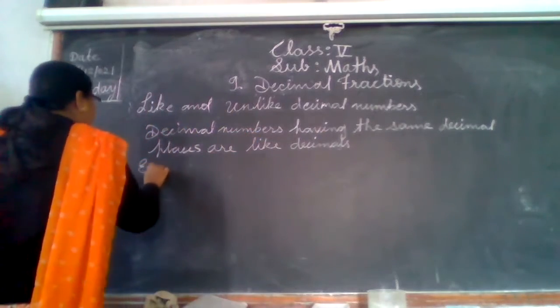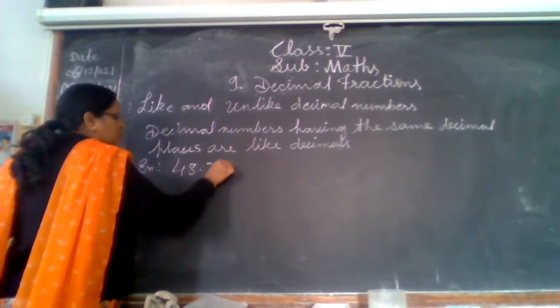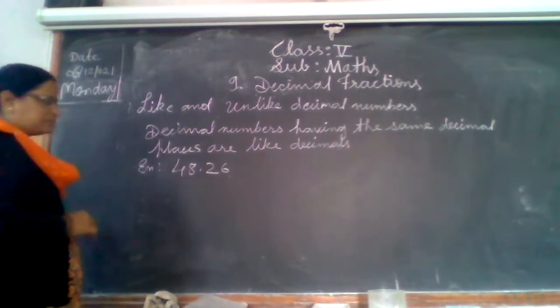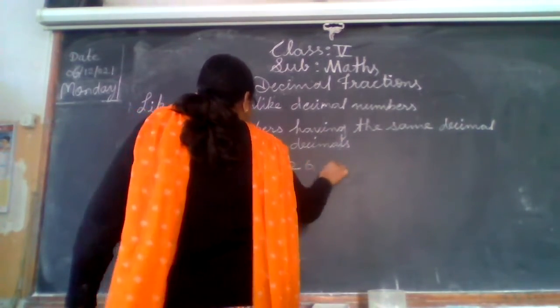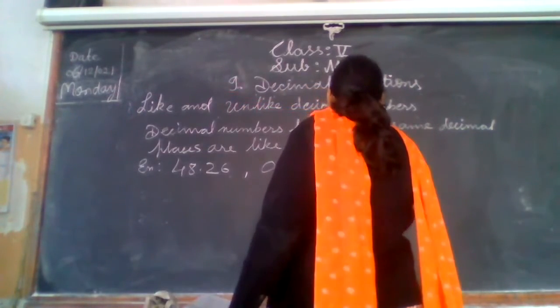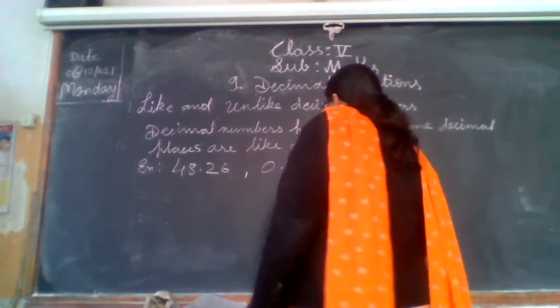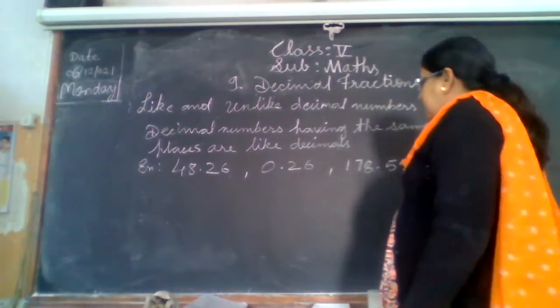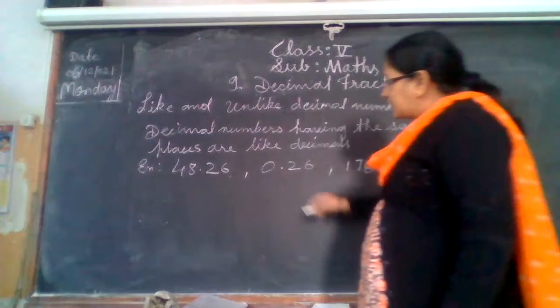For example, see beta, 48.26, 0.26, 178.55. So look at only the decimal part.